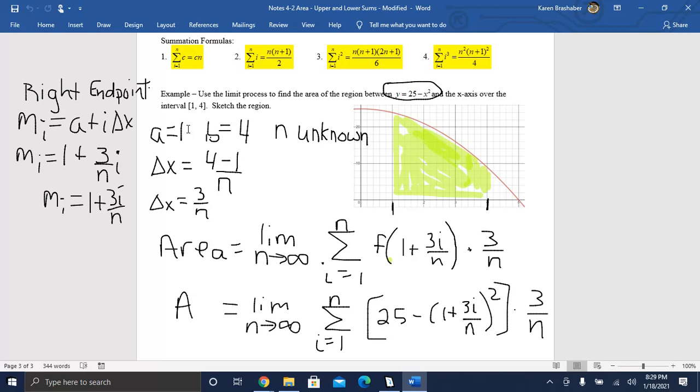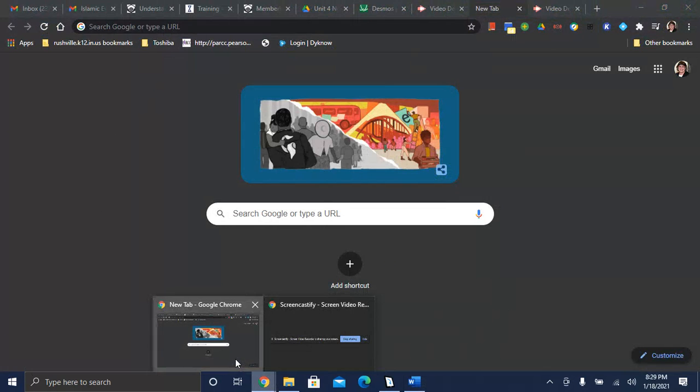My next step is going to be to work on this (1 plus 3i over n) squared. I'm going to work on this part of the expression to simplify it. And at this point, I'm going to switch us over to the completed notes and go through my different lines, just because the ability to write small enough is going to be difficult for me.